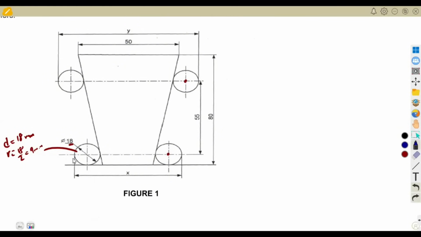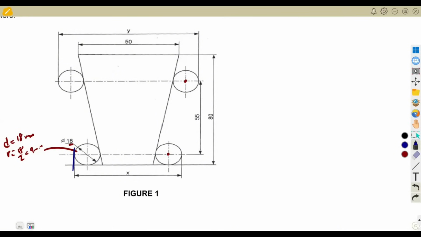The distance at the bottom starts from the end of this roller to the end of this roller, so the diameter is included, and the bottom diameter is also involved. The bottom diameter is not X. Remember, we've got the top diameter that we're given of 50 here.